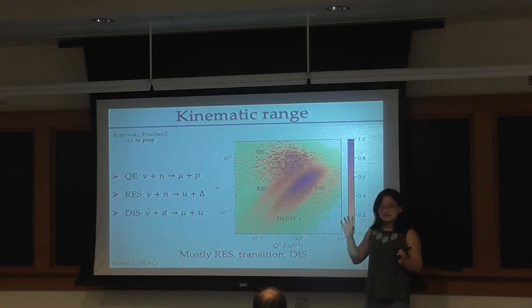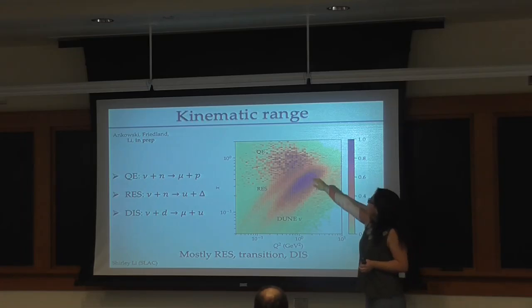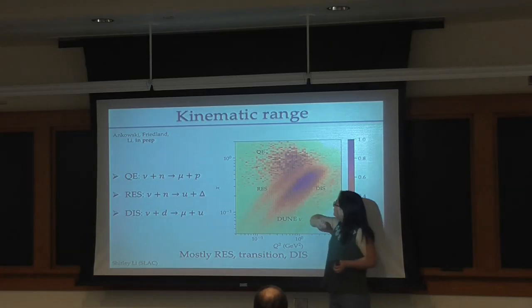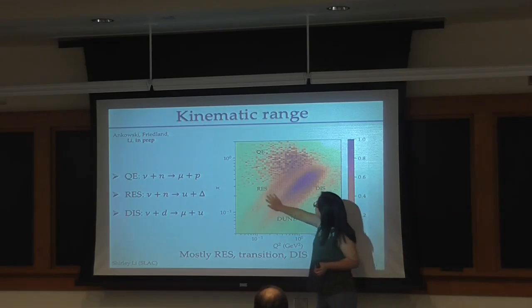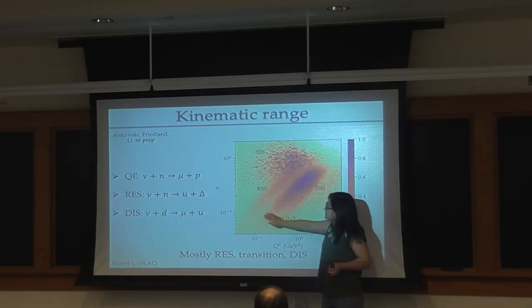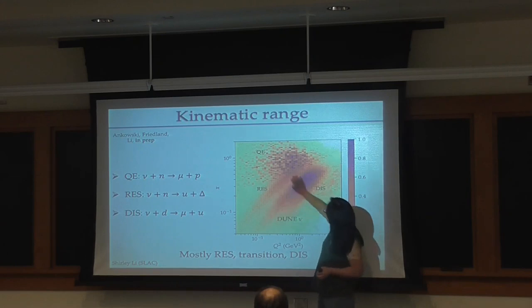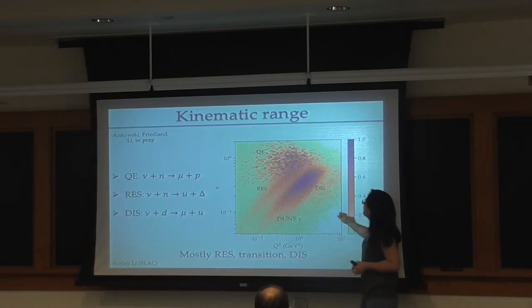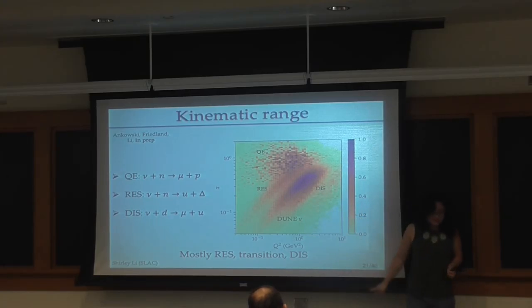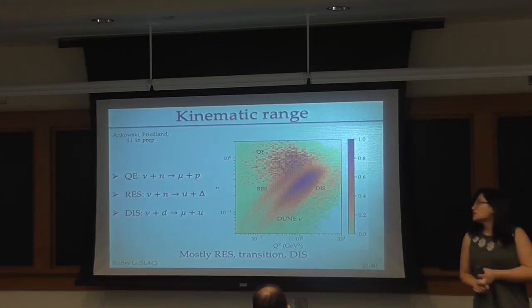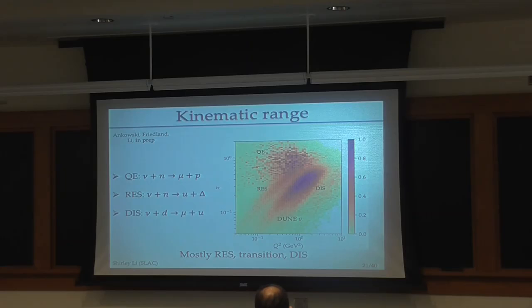The quasi-elastic interaction on nucleons is here. Resonance production is this line, and it's kind of overlaid with DIS, so there's resonance production here as well. And the darkest region is deep inelastic scattering. Which means that most of the events in DUNE are interacting with quarks.